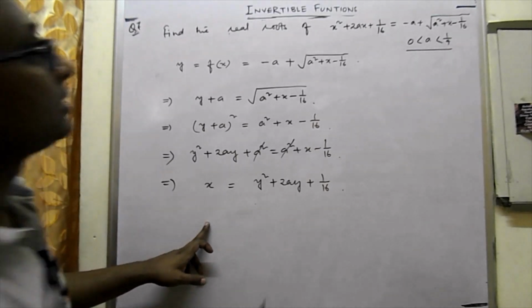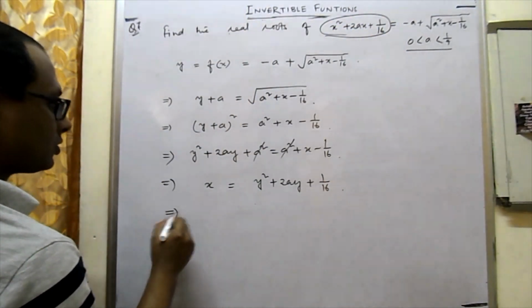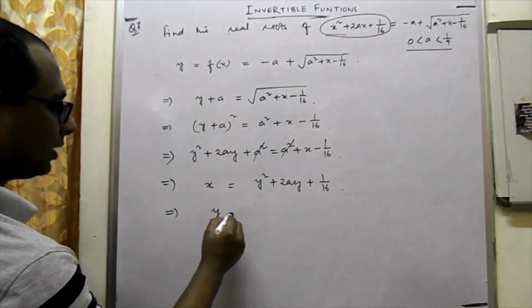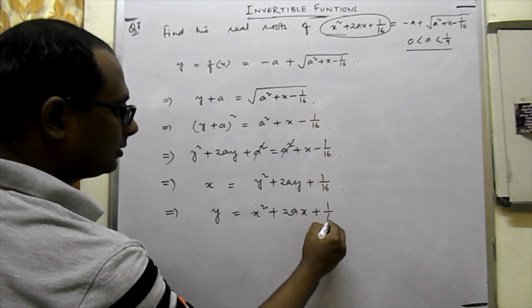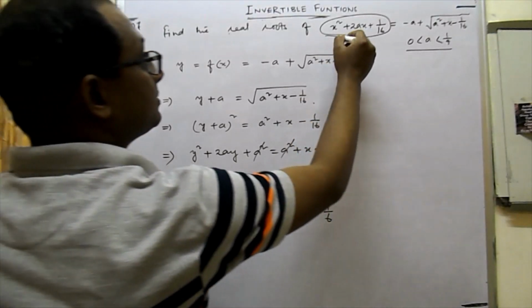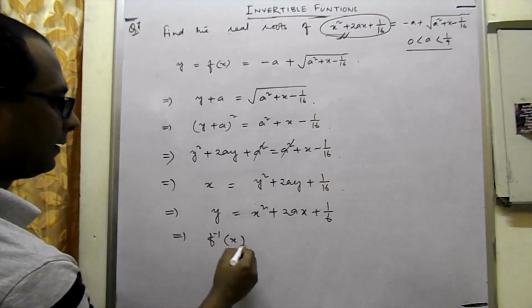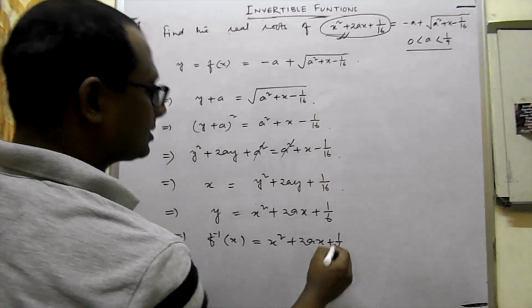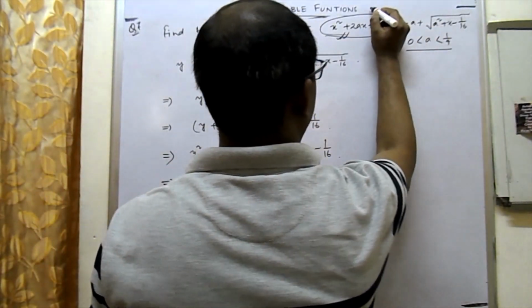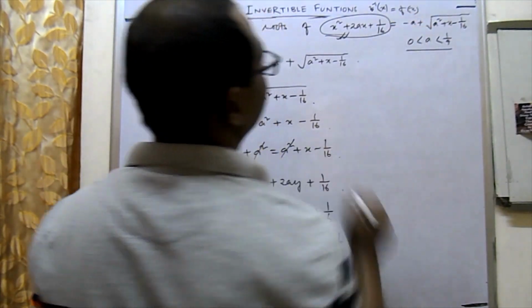Okay, is it the other one? Yes. If we swap x and y, what we'll get? y equals x square plus 2ax plus 16, which is nothing but this left hand side expression. So f inverse of x is x square plus 2ax plus 16.